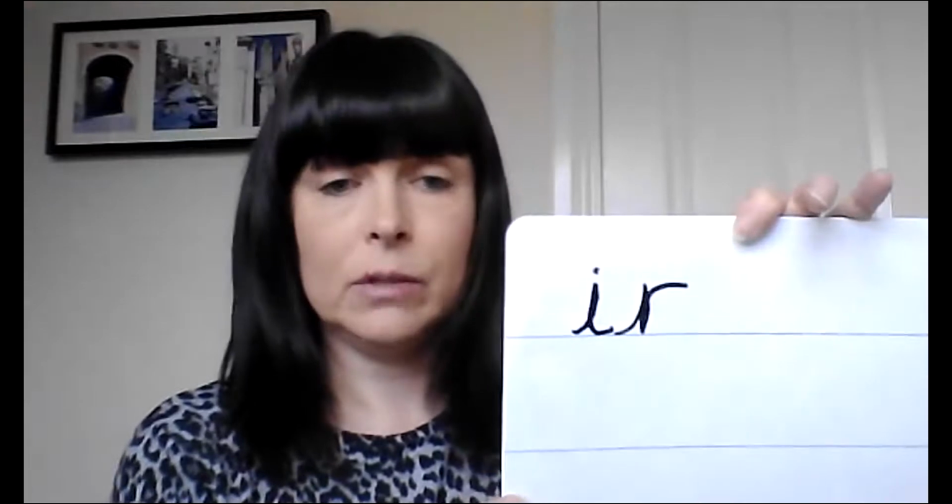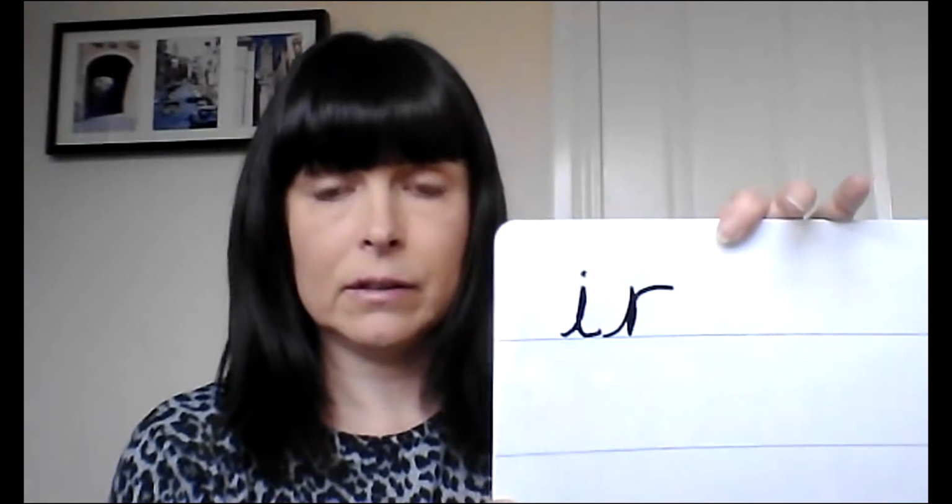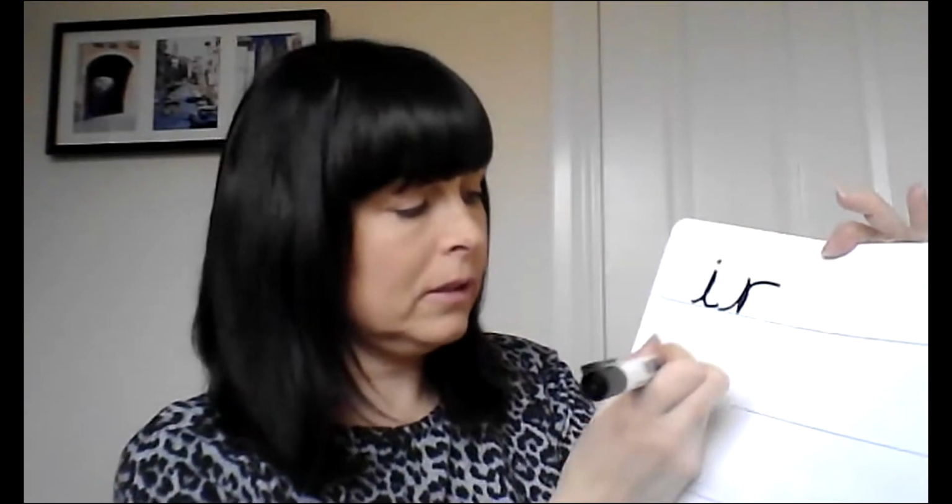This is all about just learning our spellings, because there's not a hard and fast rule to follow to decide which of those sounds you're going to use, but we'll become familiar with lots of the words that we use them in. So this sound, as we saw on the flashcard, we're using an I and an R. Okay, so you have a go at writing it as well.